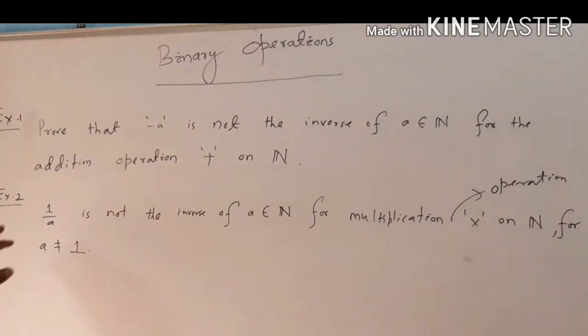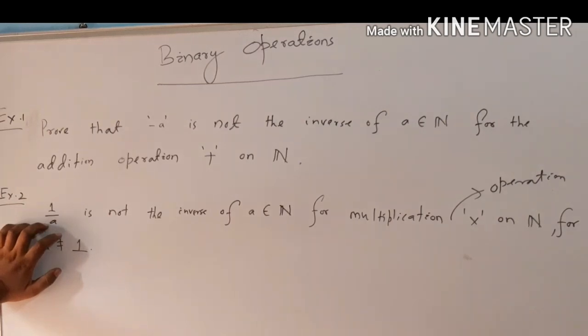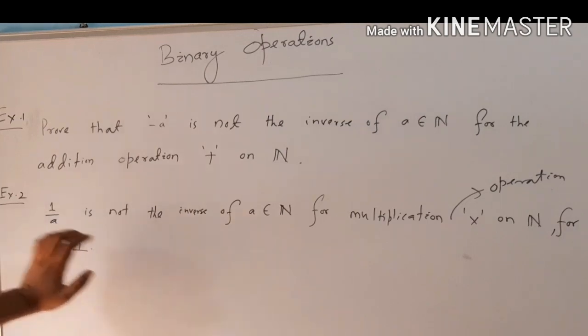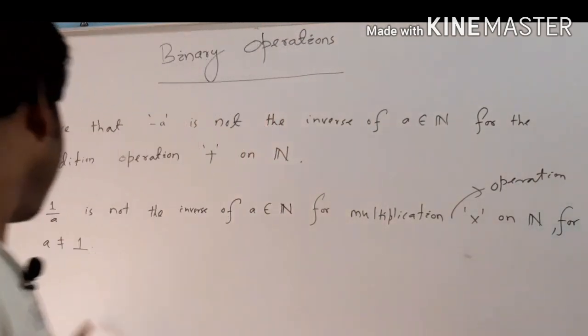Exercise number 2: 1 by A is not the inverse of A belongs to N for multiplication operation on N for A not equal to 1.